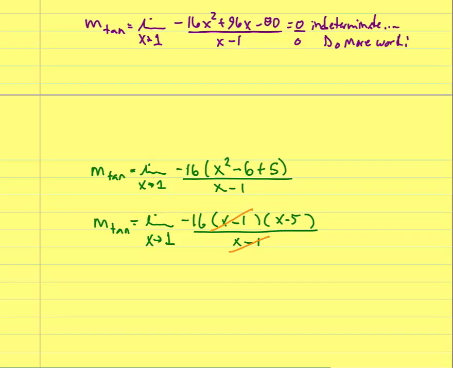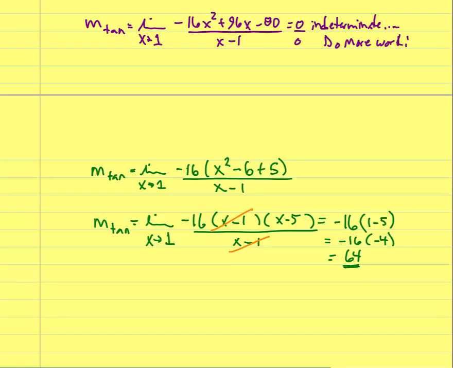And now when I take the limit, this would equal negative 16. When I plug a 1 in here, 1 minus 5 is negative 4. And negative 16 times negative 4 is 64. So that would be the slope of my tangent line is 64.